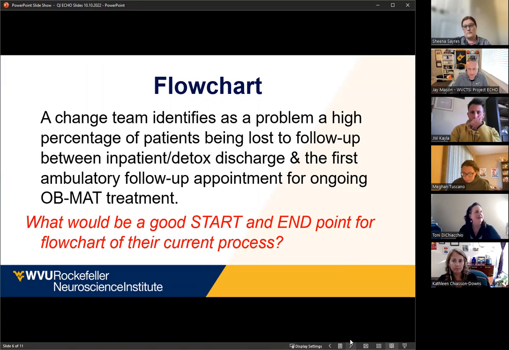But you wouldn't want to necessarily do it from the ED of your facility to the clinic a year after sustained sobriety. That would be too long. You want to focus on some finite processes. Next slide.